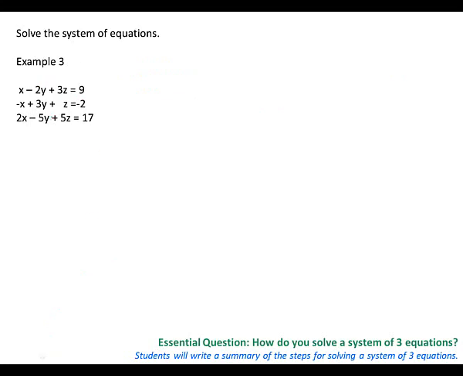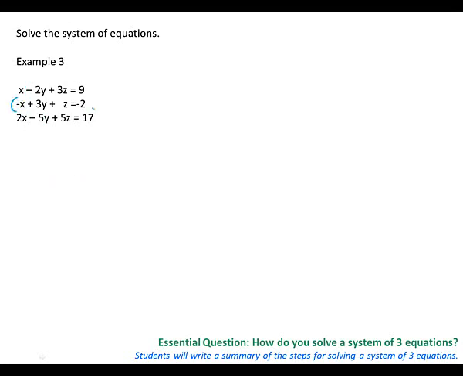Okay, I need to pick a variable to eliminate, and I want to eliminate this variable in all 3 equations. So I'm looking for something that has either matching coefficients with opposite signs or that I could easily get matching coefficients with opposite signs. So what do you think we should pick? I'd probably pick x. What I do is I call one of the equations the multiplier equation.